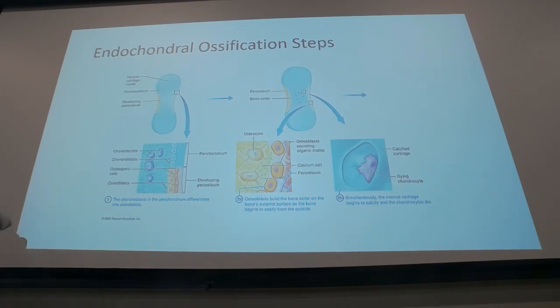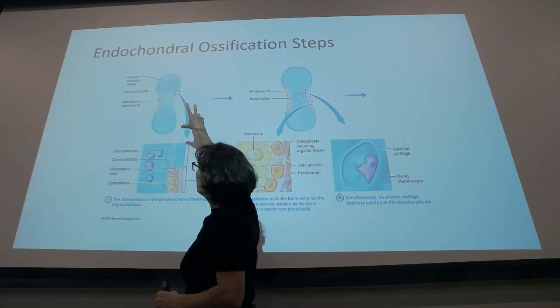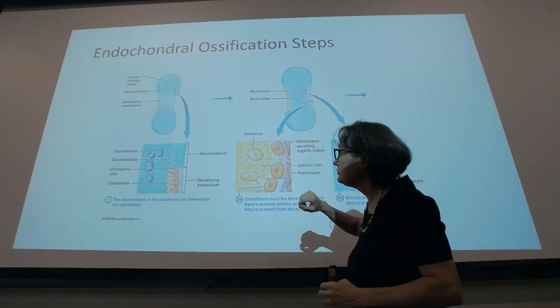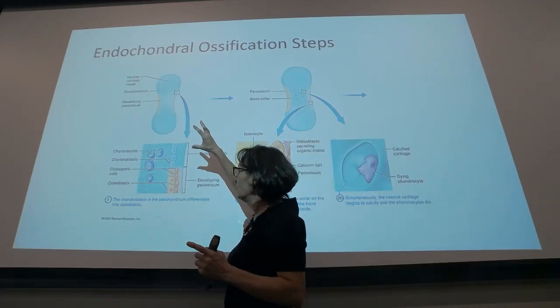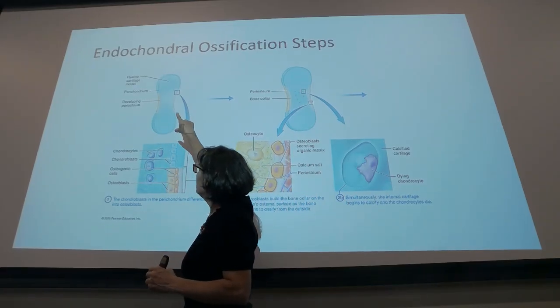So, something that happens within this middle part, the diaphysis of the future bone, is that you will release morphogenic factors from these cells that you have internally.